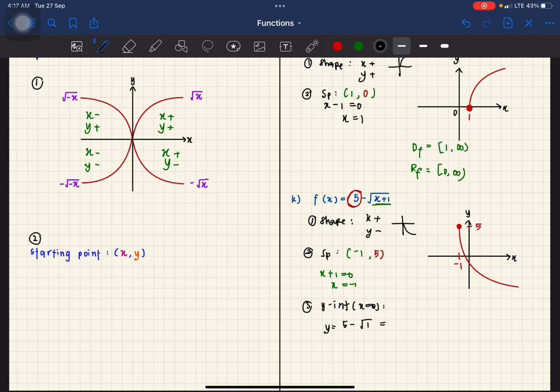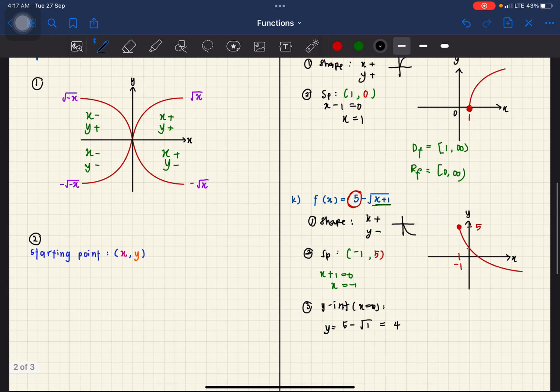Okay, so 5 minus square root 1, which is 5 minus 1, is equals to 4. Okay, so based on the value of y-intercept ni, graf awak sebenarnya dia dekat atas sikit. Okay, ni saya buat ke sini sikit. Okay, lebih kurang macam ni. Okay, so barulah kita boleh labelkan dekat sini is 4. Okay, so maksudnya memang awak punya x-intercept tu is a positive value lah.